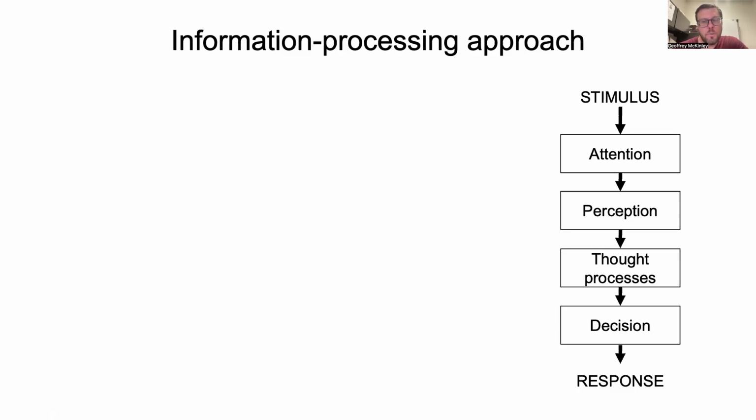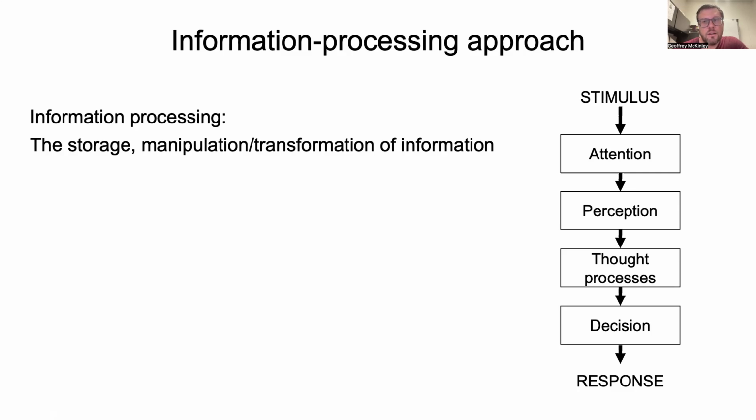We perceive it, we pay attention to it, and it undergoes some sort of process or collection of processes. And then there's some sort of decision-making process involved as well, which leads to some sort of response. And we can think of information processing as the storage and manipulation or transformation of information.